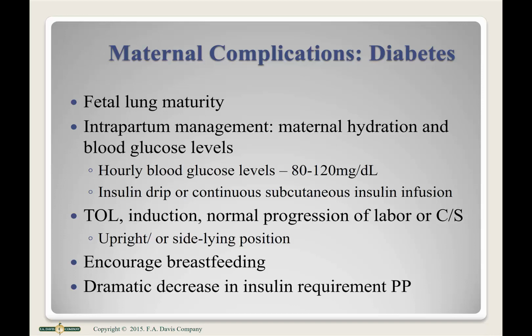Also with diabetes, the baby can be large for gestational age, which can present some problems when it relates to the actual birth. And then it can present neonatal blood sugar problems once the baby has been born.